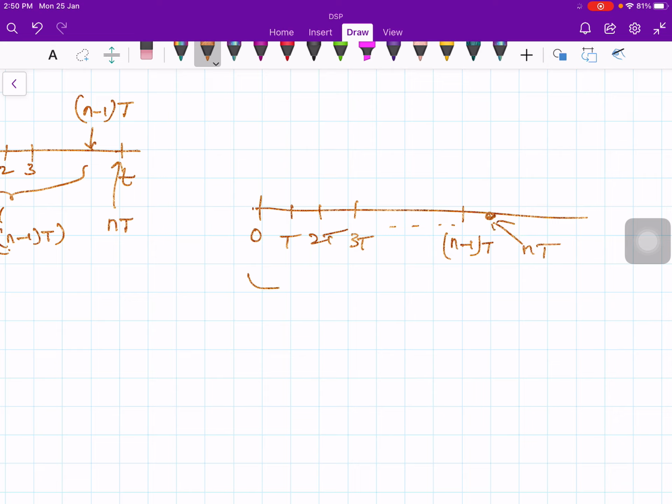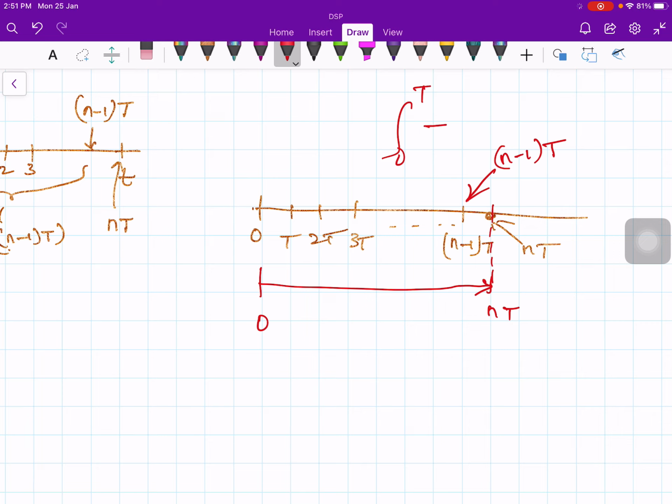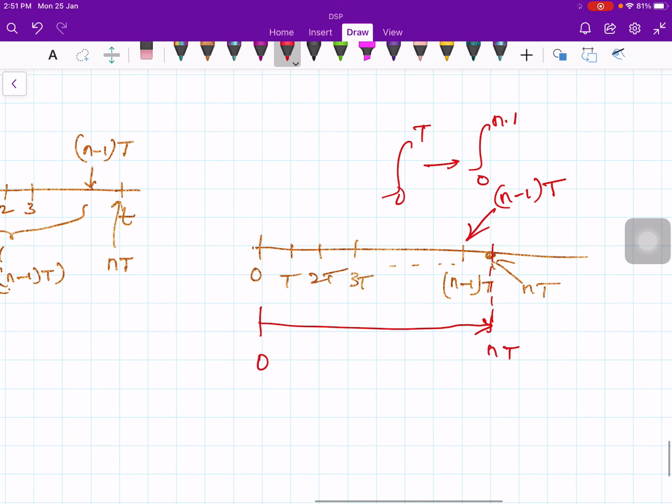So you are doing the integration from 0 to nT.